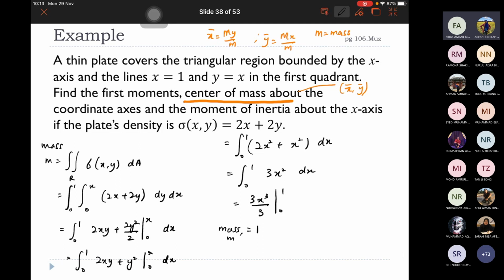Then you can calculate the centroid. Dia punya center. So the center x bar equal to MY divided by M. Tadi kita dah kira MY, you dapat 3 over 4 per 1, sama dengan 3 per 4. And then dia punya y bar equal to MX over M, 5 per 12 over 1, sama dengan 5 per 12.